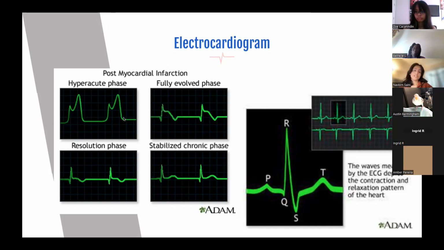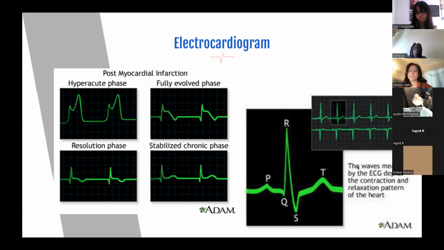So I think hyperacute is when the heart attack happens, and then fully evolved is following it, resolution is after, and then stabilized is right after. I think that usually happens after, and they monitor the patient as well.